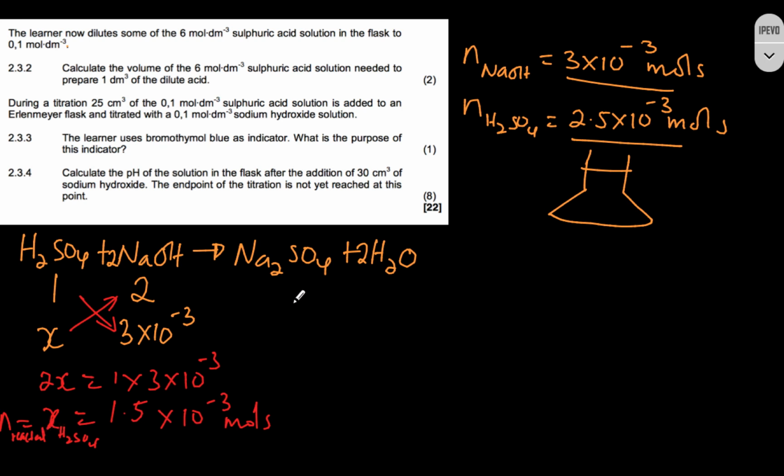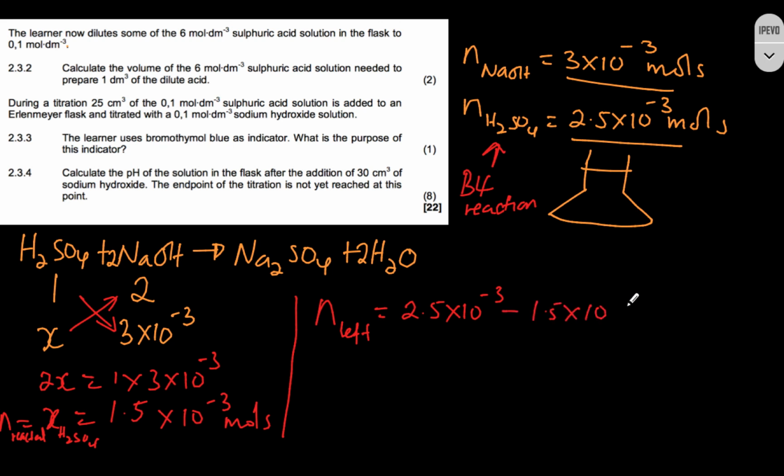So that simply means that, from what was there before the reaction, after the reaction, because this number of moles reacted, we can subtract them. The number of moles left would be equal to 2.5 times 10 to the power of negative 3 minus 1.5 times 10 to the power of negative 3.